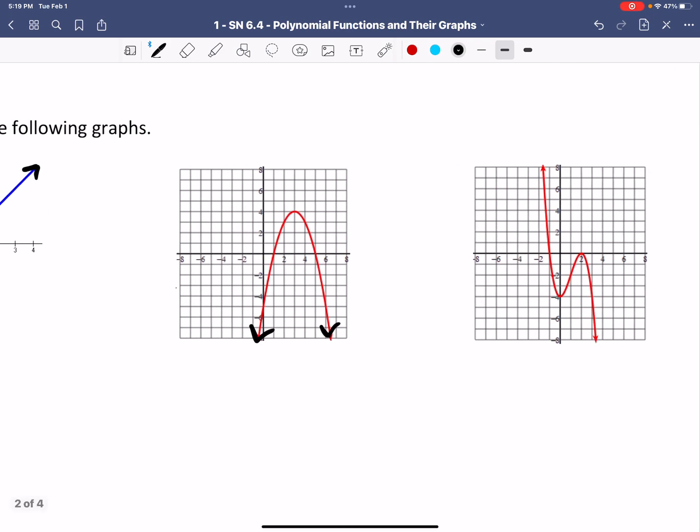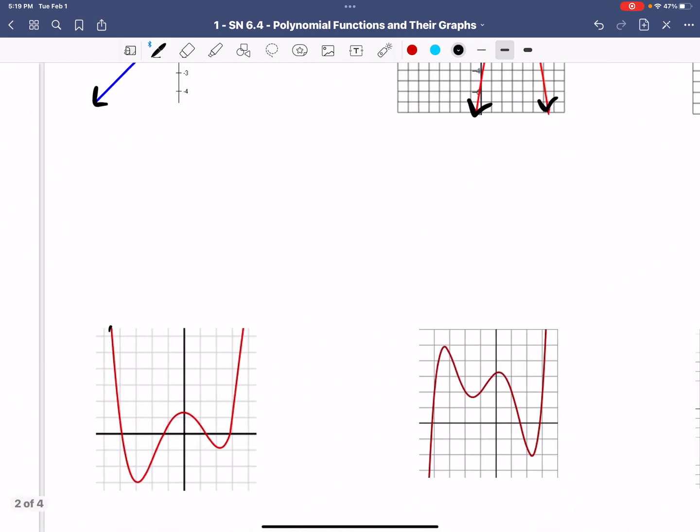This graph, on the left-hand side, we're going up, and on the right-hand side, we're going down. So if you look at all these graphs, it's one or the other. Either both ends are going in the same direction, or the ends are going in opposite directions. So there's a pattern for knowing when the graph is going to go in opposite directions and when it is going to go in the same direction.